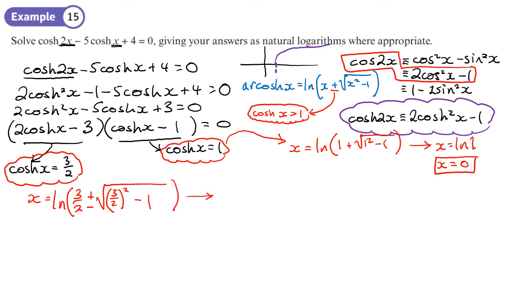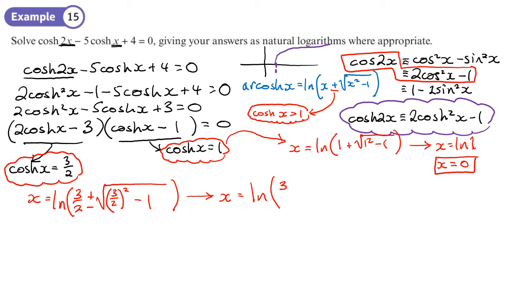So we can work that out. Underneath the square root, we will have 9 over 4, take away 1, which is like taking off 4 over 4, so we'll end up with 5 over 4.